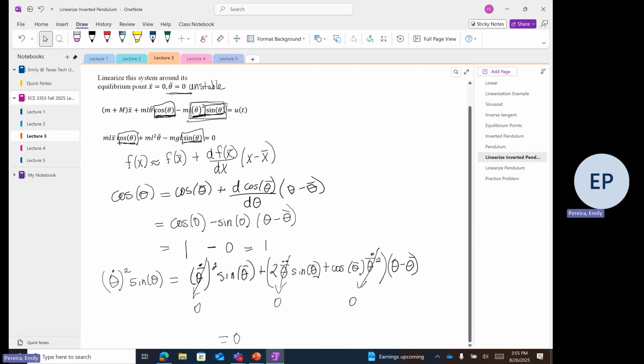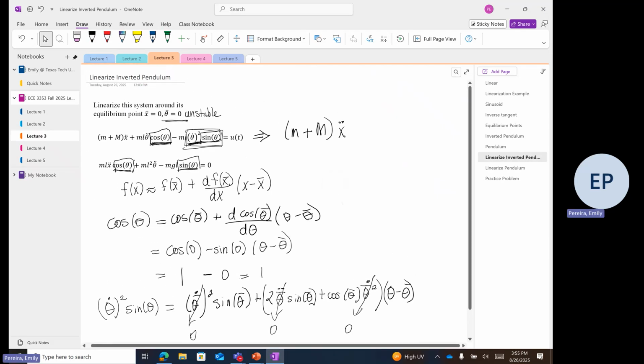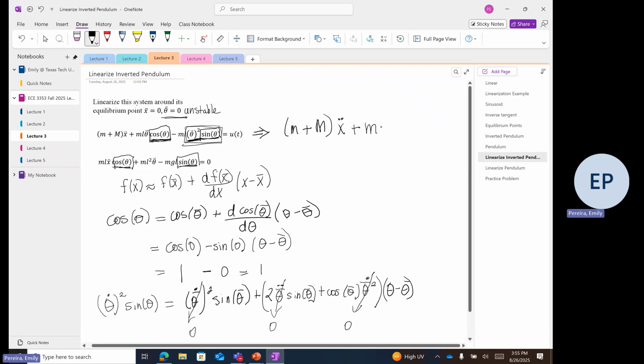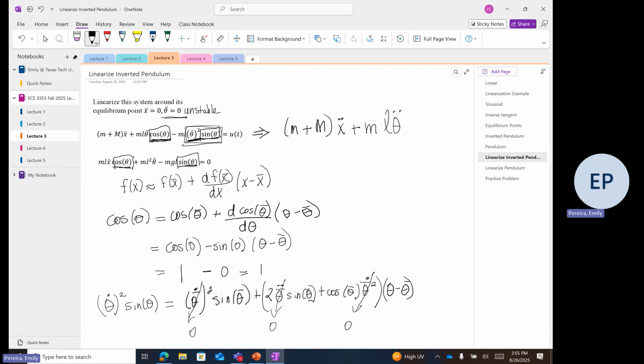So when we plug these in, the linear version of this is going to be 2 masses times the second derivative of the position of the cart plus m times L theta double dot times our linearized version of cosine, which is 1, minus ml times the linearized version of this guy, which is actually 0. So we can just totally eliminate this term, and this is equal to our u of t.